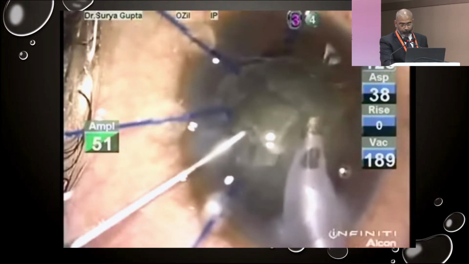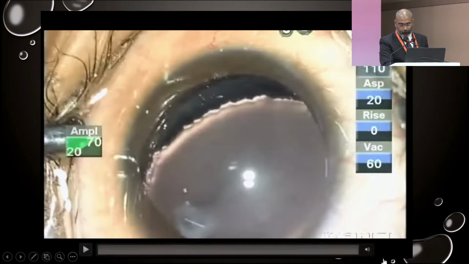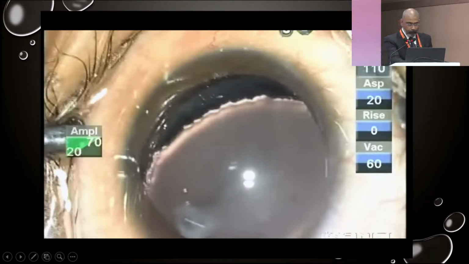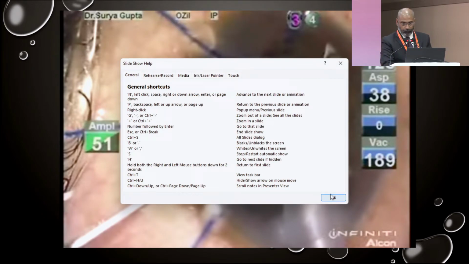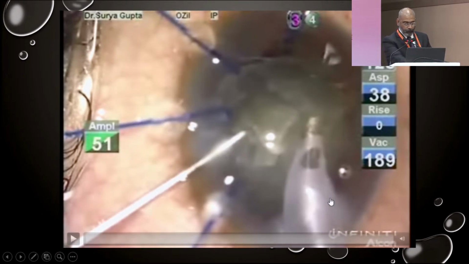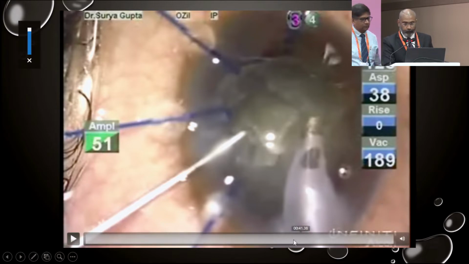They have asked me to slow down the music from here. I don't know how to do that. It's in the volume. Yeah, I've stopped the volume, fine.